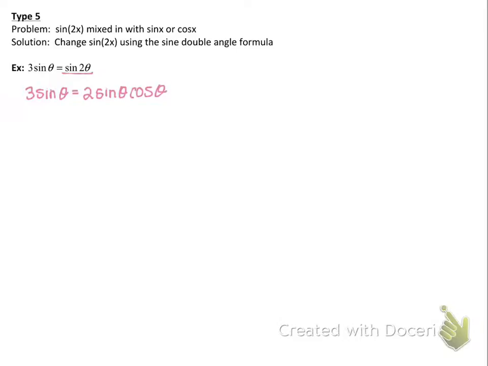I'm going to set it equal to 0. And now I can take a GCF out of sine theta. So sine theta comes out, and I'm left with 3 minus 2 cosine of theta.